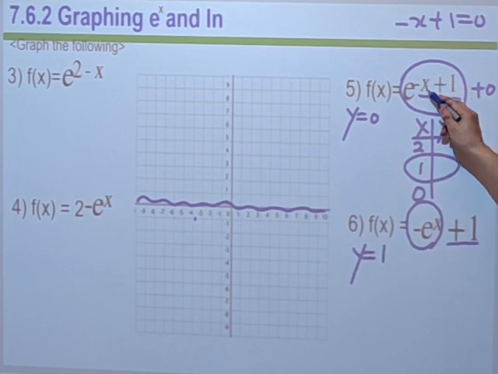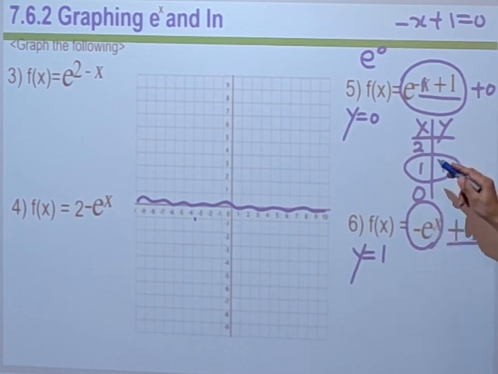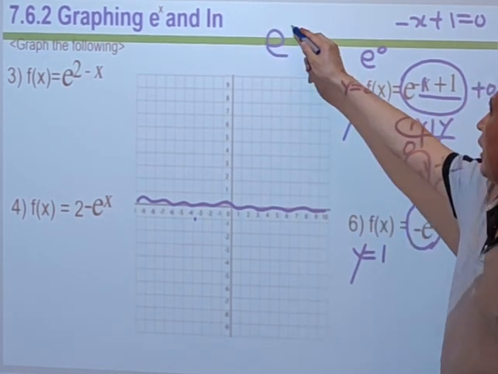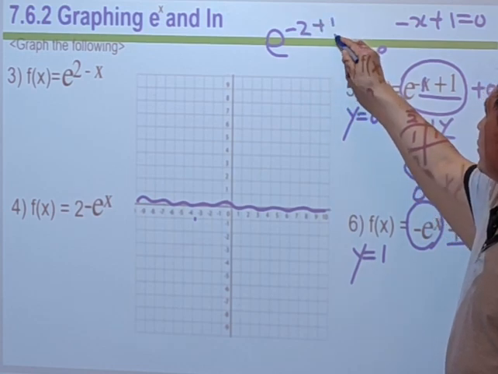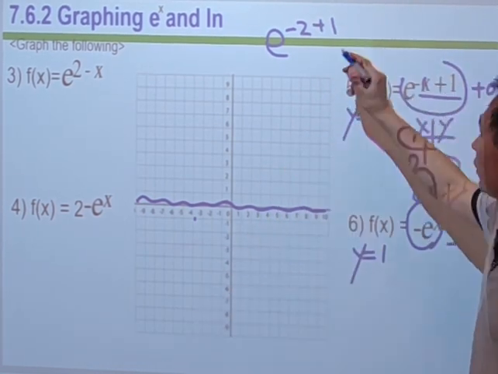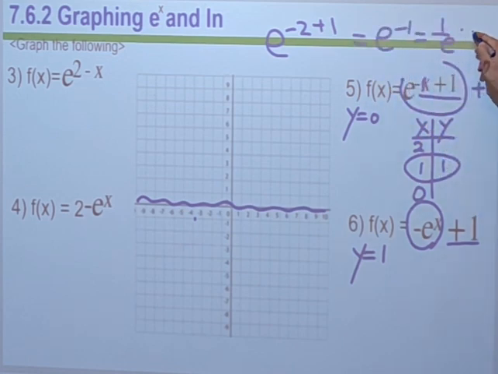So we put 1 there. So negative 1 plus 1, that's 0. So e to the 0 power, which is 1 right there. And then we put 2 there, negative 2 plus 1, so that's e to the negative 1 power, which is 1 over e and about 0.4 for now.